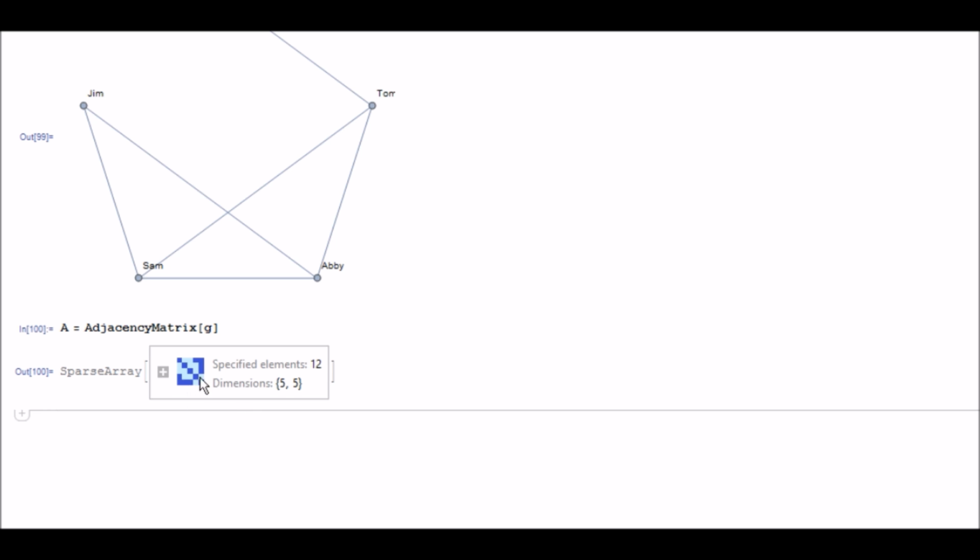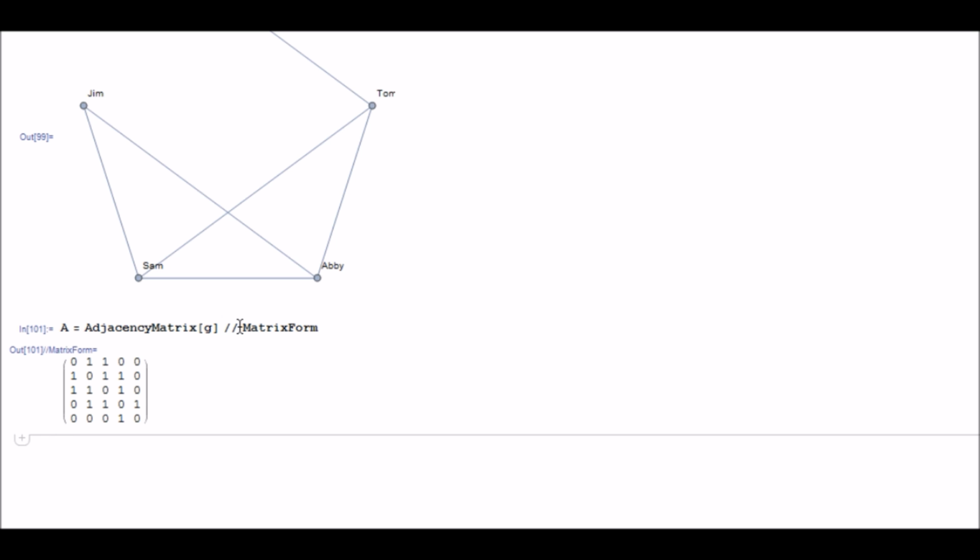Here it gives us a little diagram of what the adjacency matrix looks like. These zeros are the dark blue and the ones are the light blue. I can force it to give me the matrix form, and if I do that, it gives these zeros and ones as we're used to.